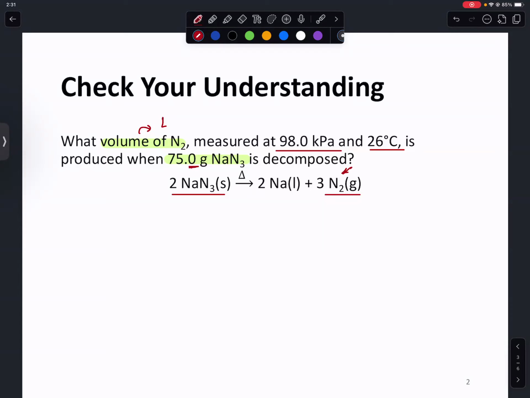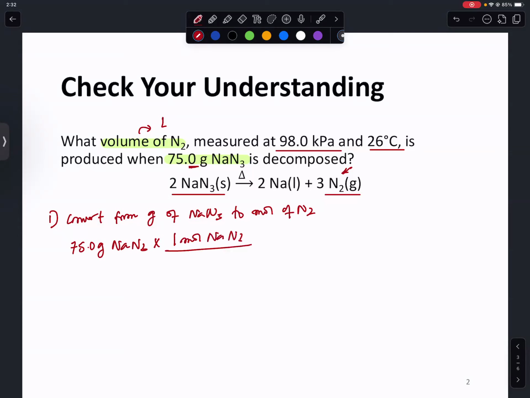So let's start doing this. First things first, I will convert from grams of sodium nitrite to moles of nitrogen. And this is so easy. We will take the 75 grams of sodium nitrite, and then I will convert to moles using the molar mass.